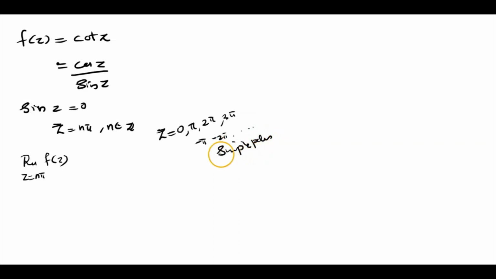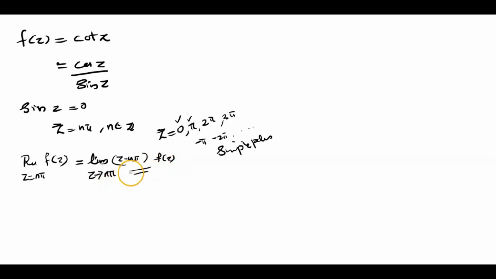These are simple poles. Instead of finding the residue at z = 0, z = π separately, we can use the residue of f(z) at z = nπ generally. So this is the limit as z tends to nπ of (z - nπ) into f(z).